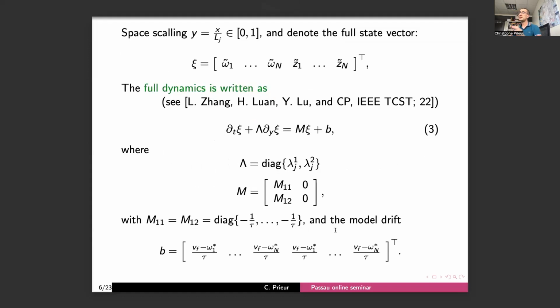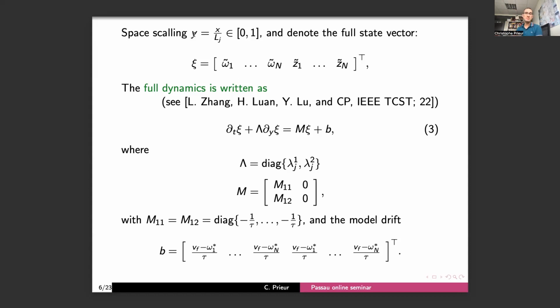So in this slide, I write the full dynamics by stacking together all the lanes. Imagine that you have a network of segments of a freeway, and you stack all the local states into a big vector, given by this psi.